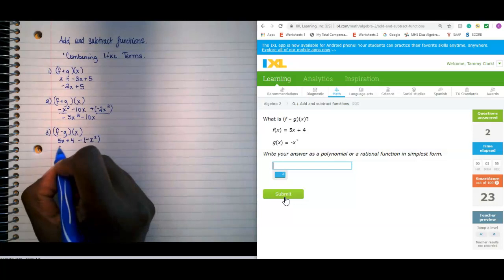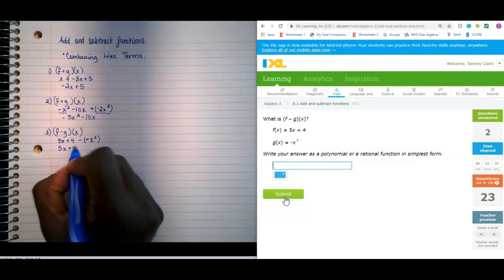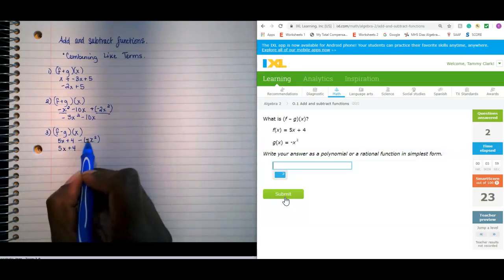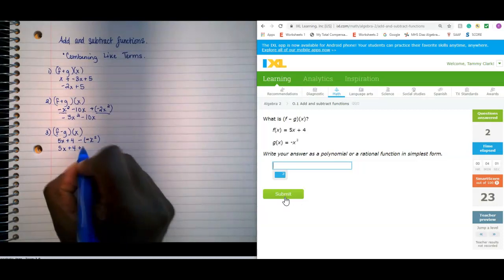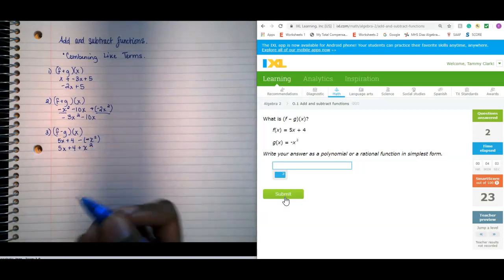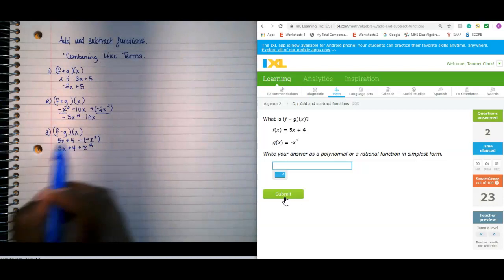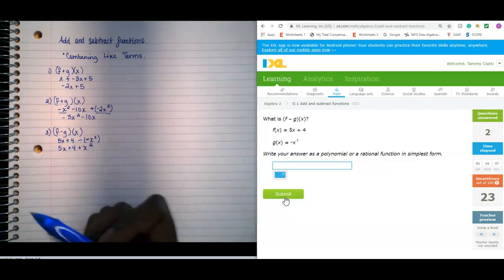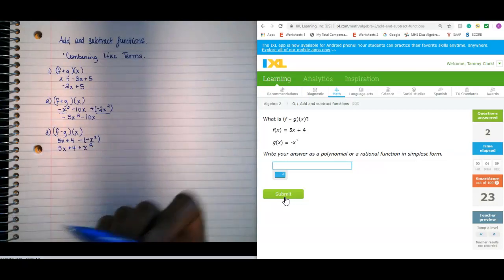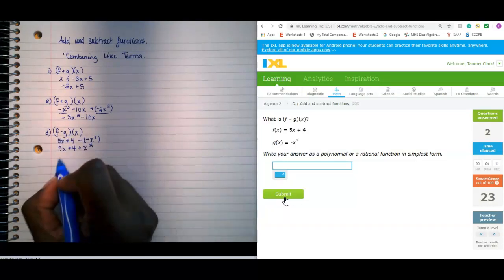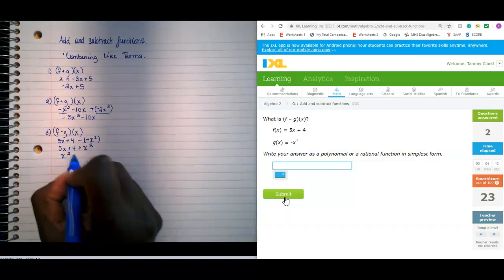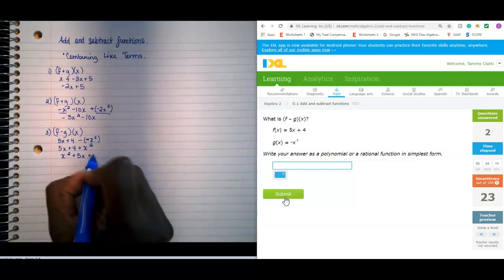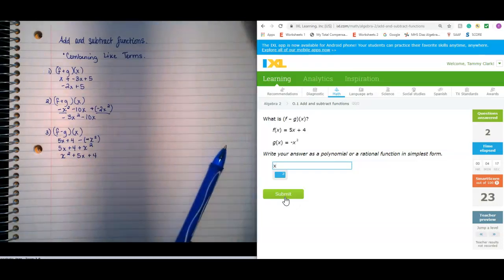So we do 5x plus 4, and if you remember, a negative times a negative is a positive, so that's plus x squared, and we're going to put it in the correct order. Notice that this is a quadratic function. So we've got x squared plus 5x plus 4. And notice it says that we are to write our answers as a polynomial or rational function in simplest form.